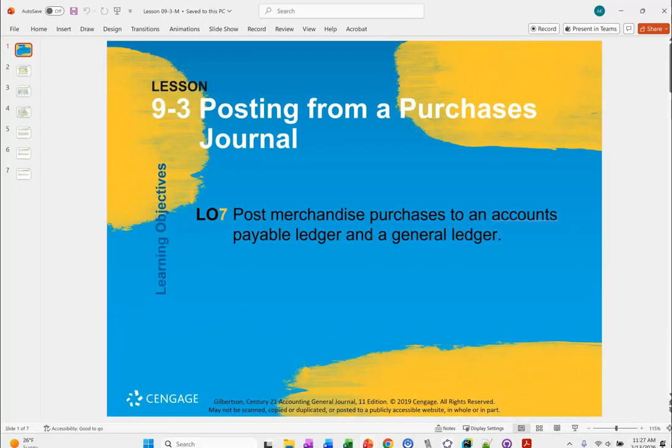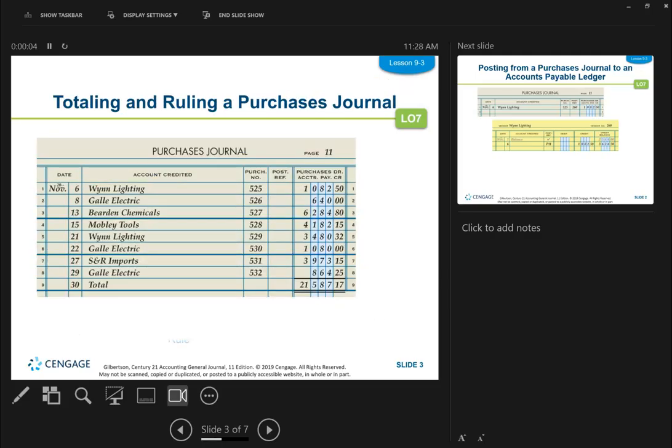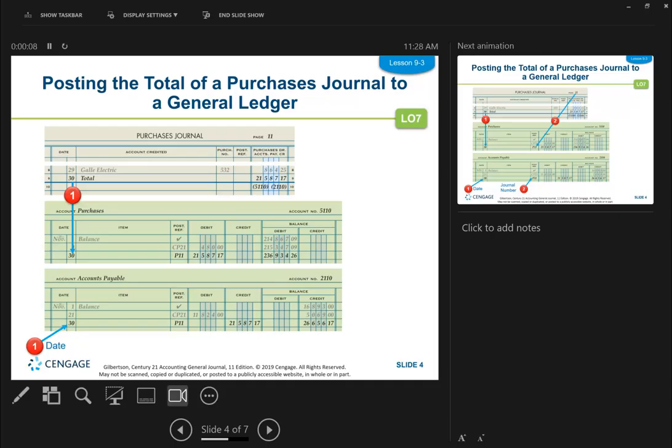Joey? I just had a question on the previous general ledger. Sure. Like for where you put in debit or credit, are the purchases always in debit? The total always? Yeah, so let's scroll back and look at this page here. This is the one you're talking about, right?